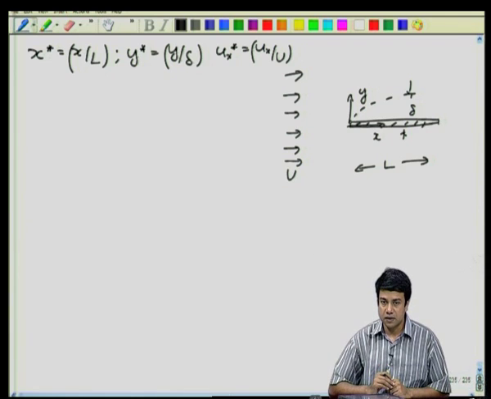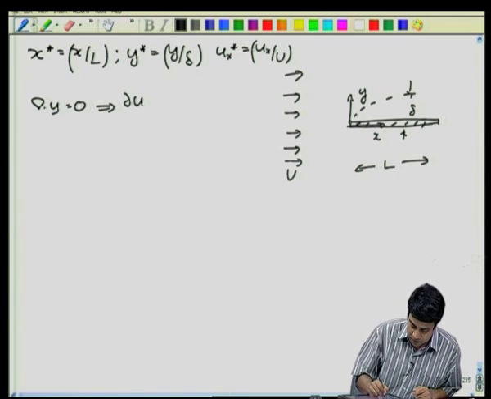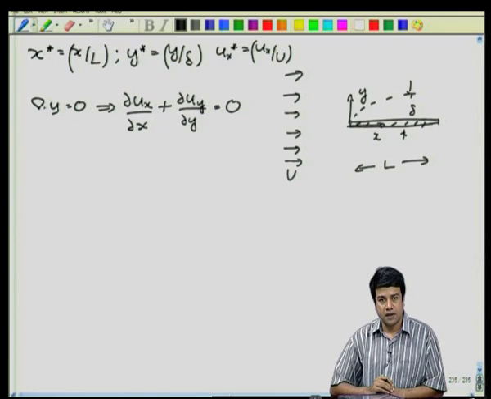One has to be careful when evaluating this velocity scale. The way you get it is by going to the mass conservation equation and scaling all terms in it. The mass conservation equation is del dot u equal to 0, which implies partial ux by partial x plus partial uy by partial y is equal to 0. I express each of these in terms of the scaled variables.